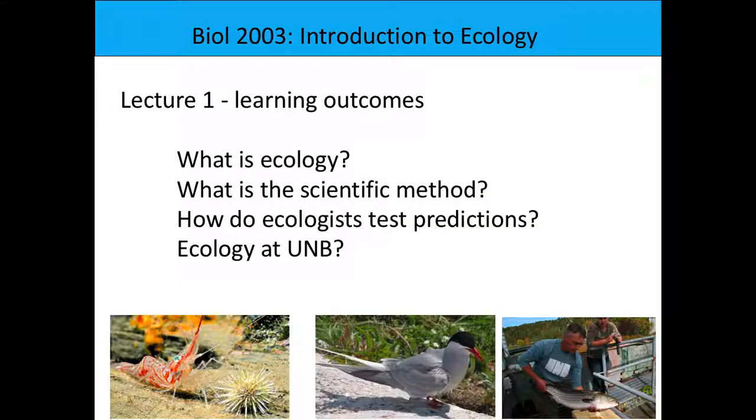To do ecology, like all science, we use the scientific method, but how do we apply that to an ecological setting? And then we'll have a little bit of discussion about some of the ecological work that's going on here at UNB, and the opportunities for young undergraduate students who are interested in getting more hands-on experience in ecology.